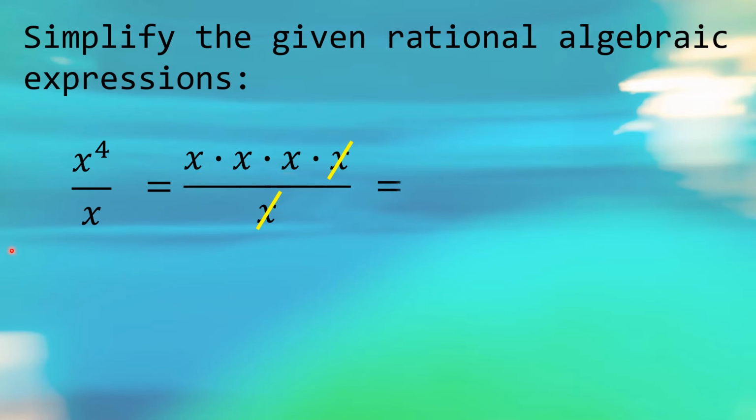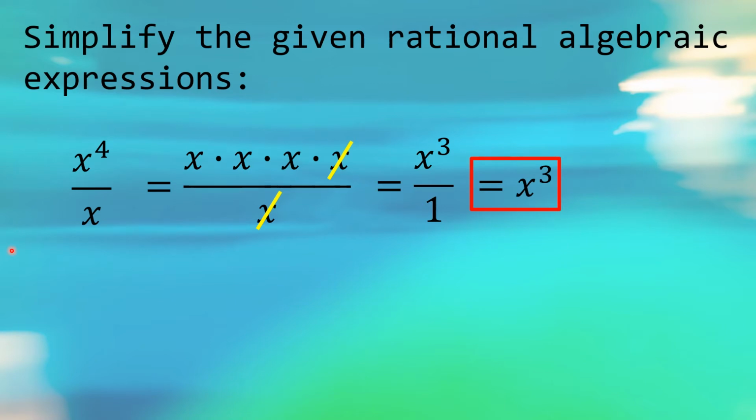Ganito yung kalalabasan: x cubed over 1. Paano naging x cubed? Ito ay dahil may natirang tatlong variable x sa ating solution, and then sinimplify lang natin, ginawang x cubed, and then over 1 dahil walang natirang variable sa denominator, so nilagyan na lang natin ng 1 as denominator. And then you will just divide x cubed by 1, so the final answer is x cubed.